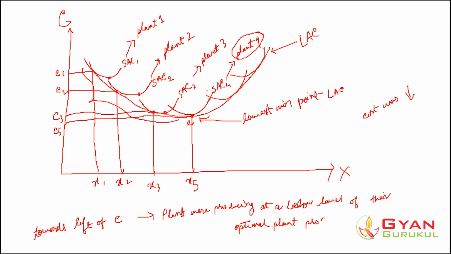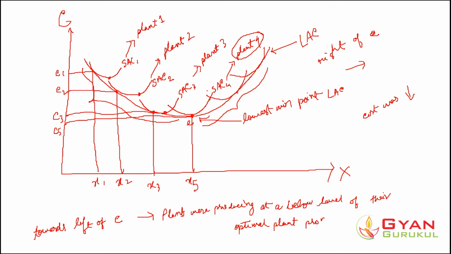If we look towards the right of E, in all these cases we are operating at the lowest minimum cost possible, represented by tangency of the successive short run average cost curves with the long run average cost curve.